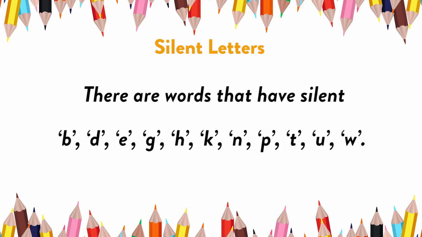There are words that have silent B, silent D, silent E, silent G, silent H, silent K, silent N, silent P, silent T, silent U, and silent W. So these are all letters that at some time you might see in a word, but you would not hear the sound it produces.